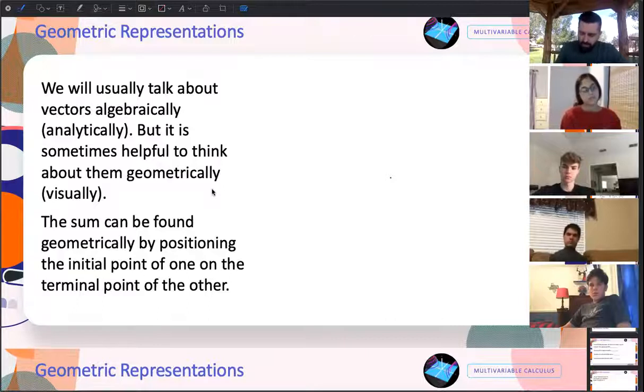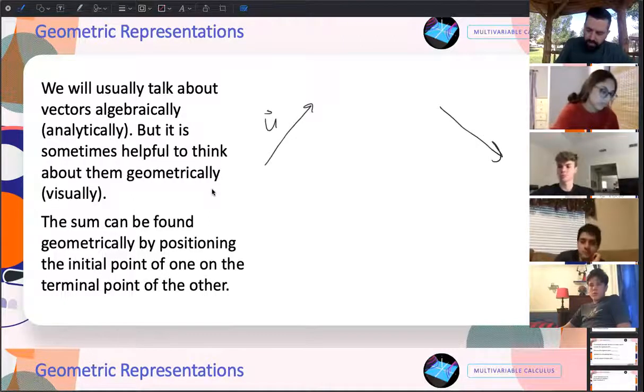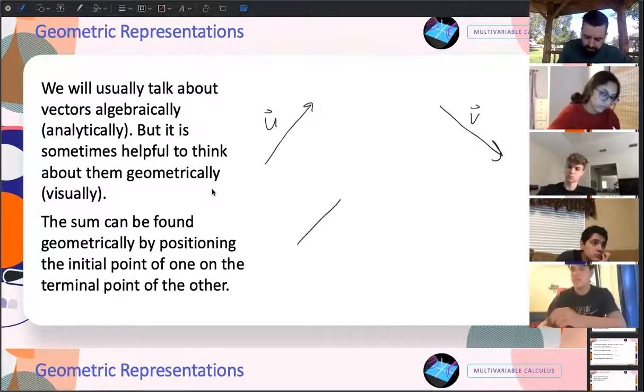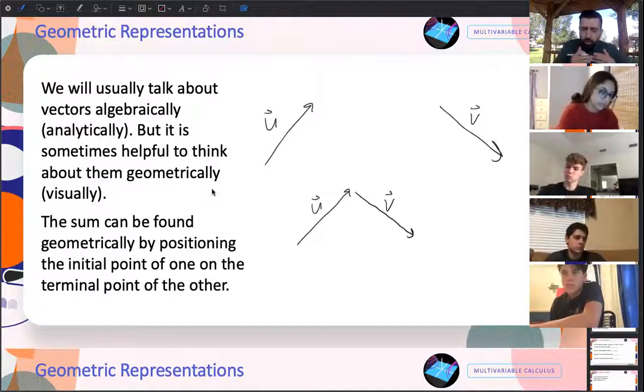But we did this back in geometry and pre-cal. If you have u and you have v, and we want to add them together, we put them head to tail, basically terminal point to initial point. Analytically, what we just did was add the components.